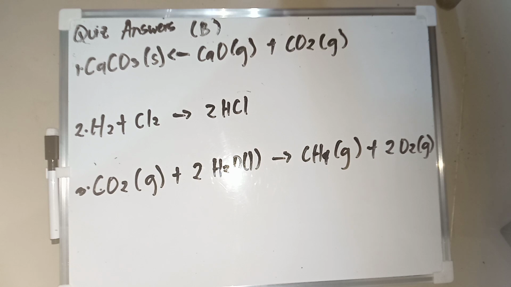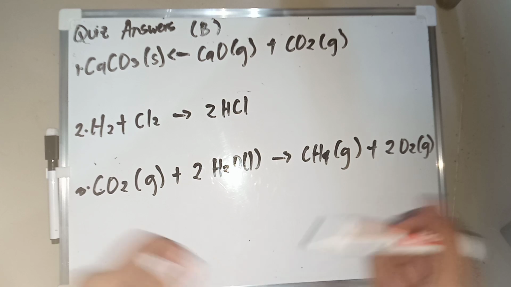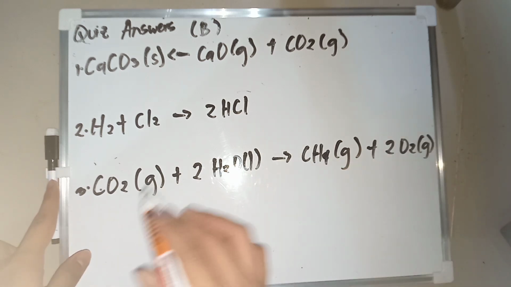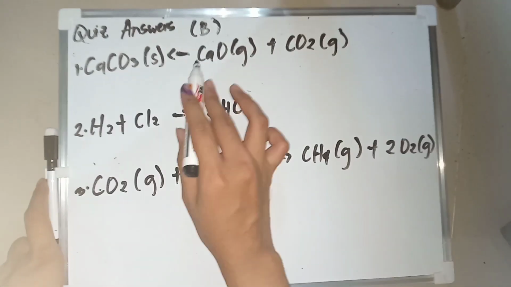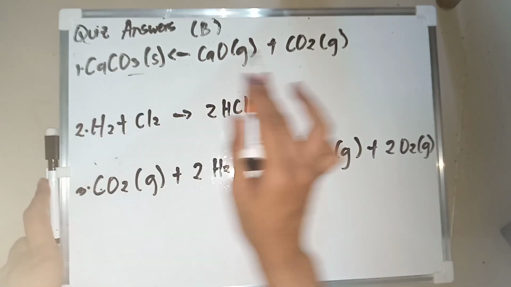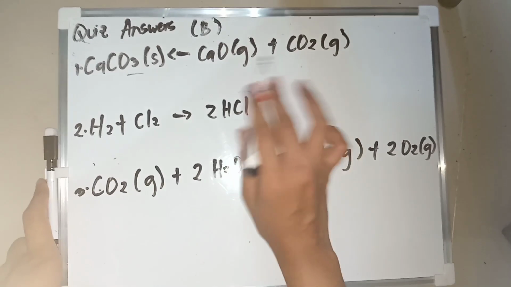Now we're going to answer quiz set B. It only has 3 items. So number 1: remember the equation, product minus reactant. The arrow is pointing here, so this is our product and this is our reactant.